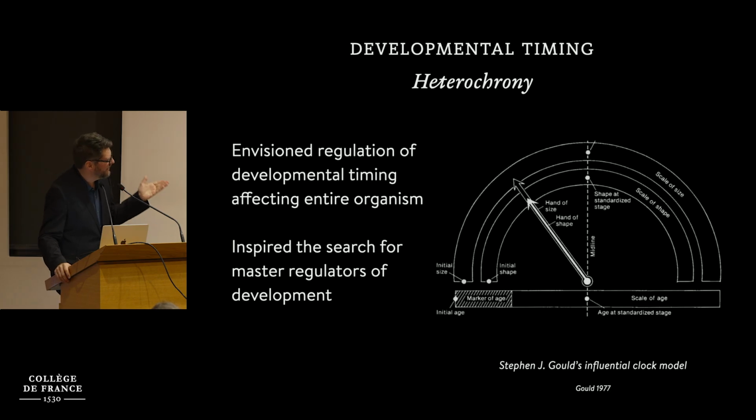What you can see here is that he envisioned changes in shape and size. And what's important in this model, and it's also true for what came after Stephen Jay Gould, is that the changes that are being envisioned are changes that regulate the entire organism, right? And this inspired the search for a master regulator or several master regulators of development.